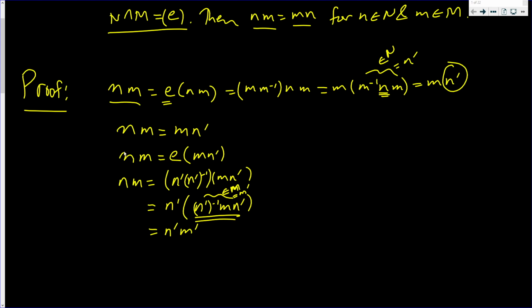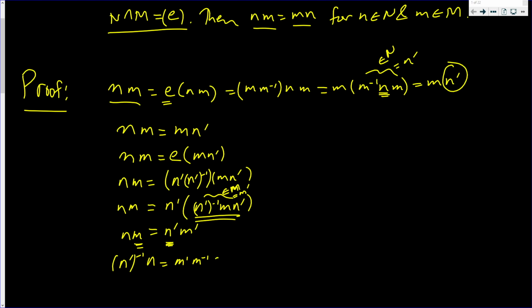Now, let's just write this down. Bringing this to the other side, we have that m prime inverse times n is equal to n prime, bringing this over, times m inverse.